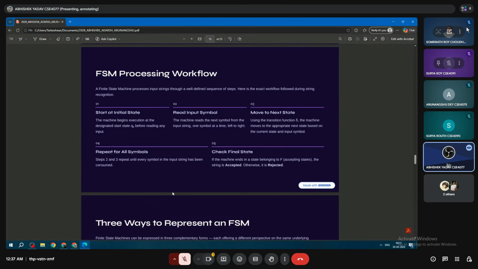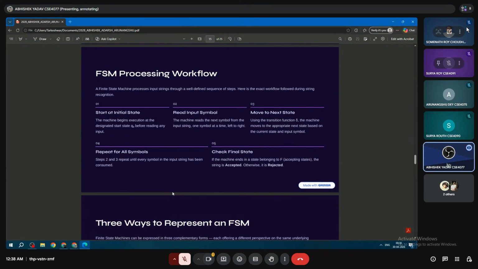The machine begins execution at the designated start state Q0 before reading any input. Second step, read input symbol. The machine reads the next symbol of the input string, one symbol at a time, left to right. Third step, move to the next state. Using the transition function delta, the machine moves to the appropriate next state based on the current state and input symbol.